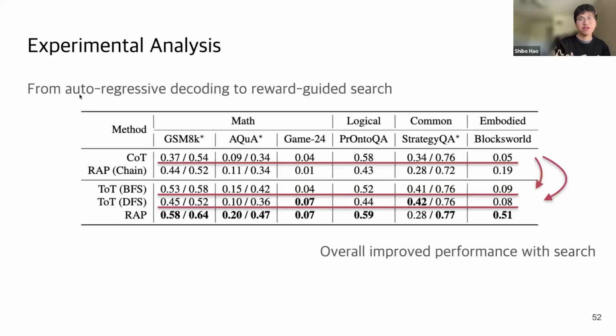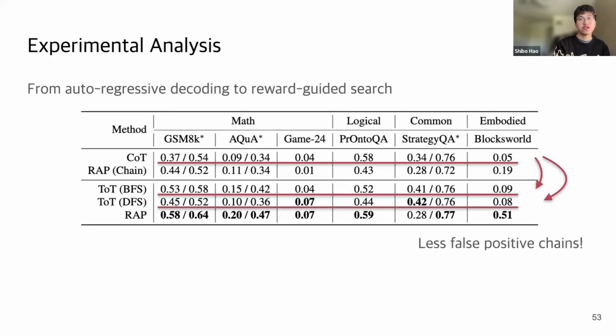First we want to see the effect of reward-guided search, so we compare the search method to chain of thought. Basically, the result is generally higher on all the tasks.